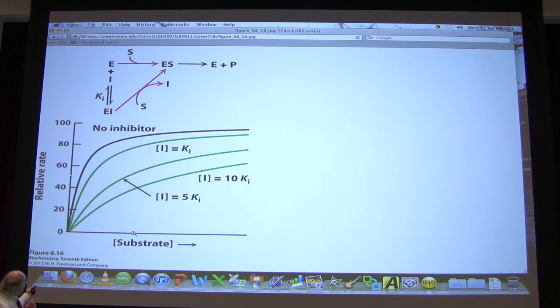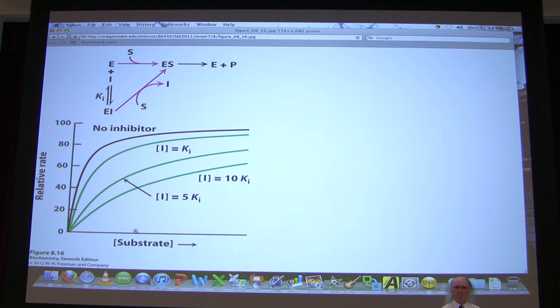So there's Vmax over 2 right there. What's the Km for the uninhibited reaction? It's right here. What's the Km for the inhibited reaction? It's over here. What has happened to the Km? It's gone up. So when we have competitive inhibition, Km increases, Vmax does not change.